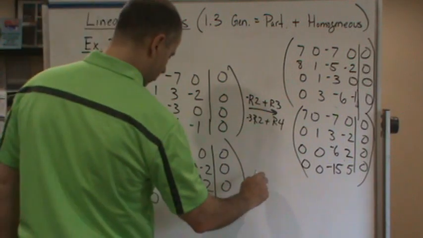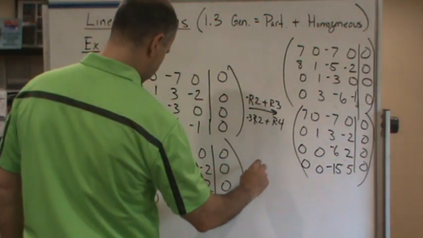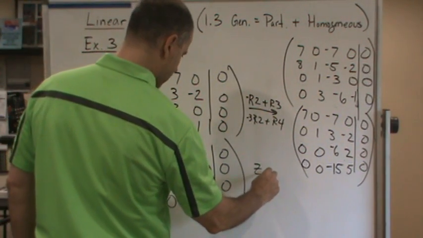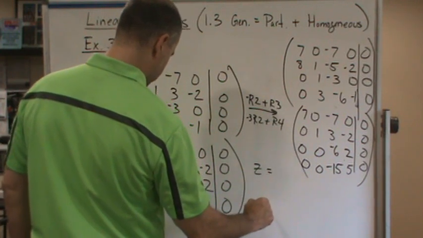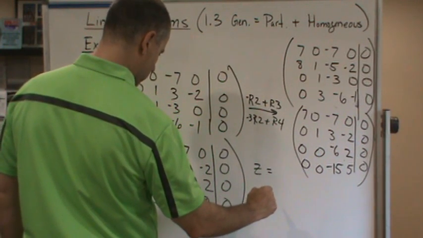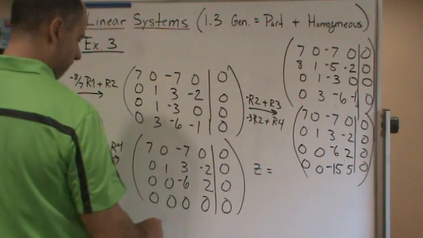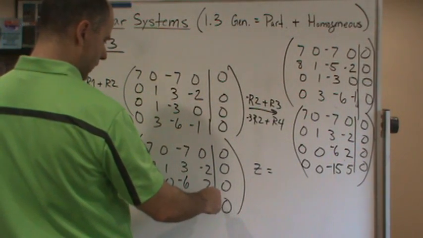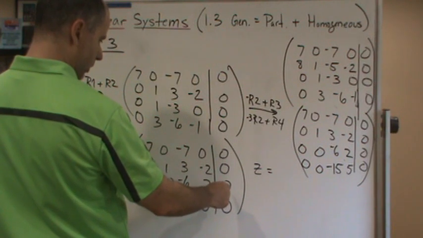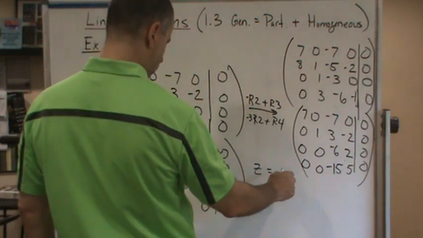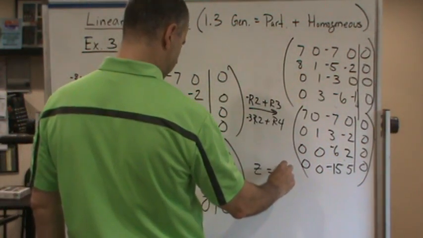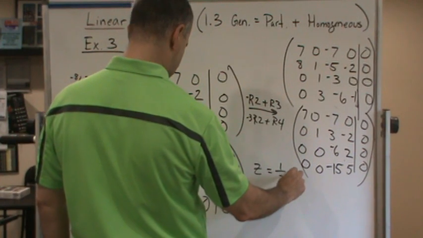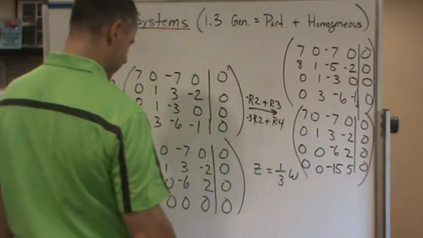So in this case, Z is going to equal 1/3 W.